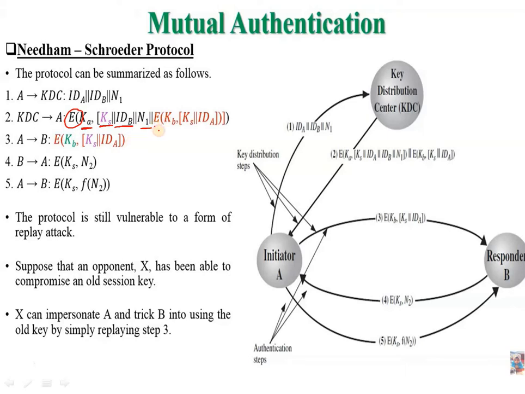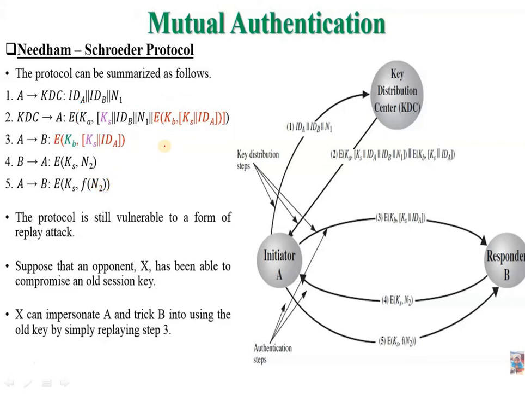But A can't decrypt this other message, E of KB, KS, ID A, because it is encrypted by the master key of B. A does not know the master key of B, so this message can't be decrypted by A.